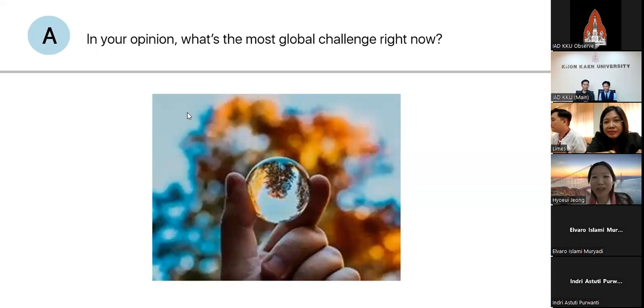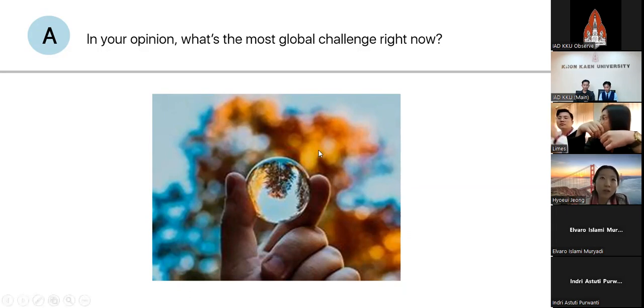So I think the most global challenge right now is conflict. If you try to understand other cultures or countries, I think each one has its own reason or rationale behind anything that's happening in the world. But one of the reasons there are a lot of conflicts is people try to kill each other.